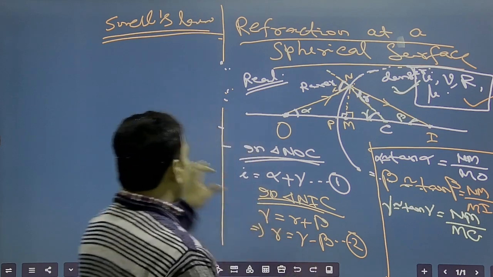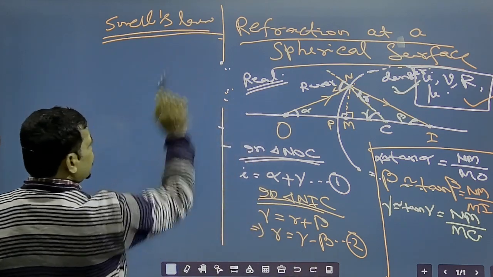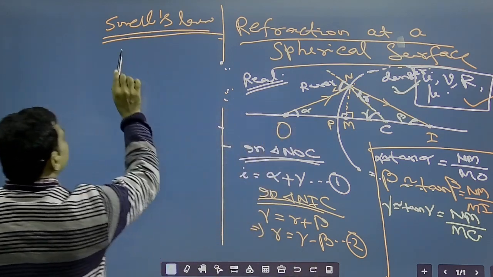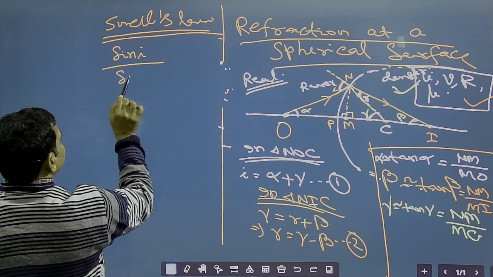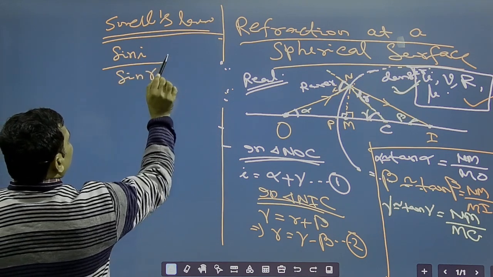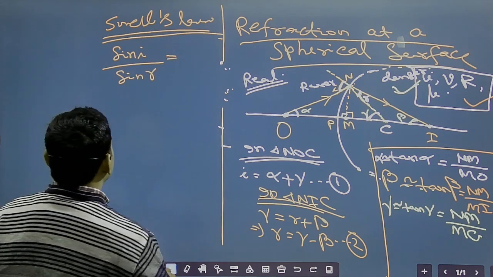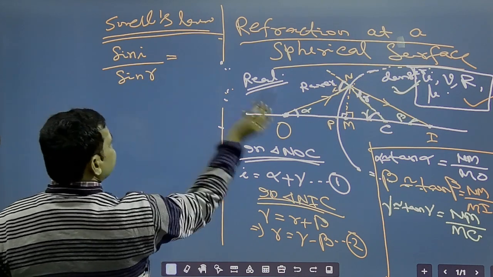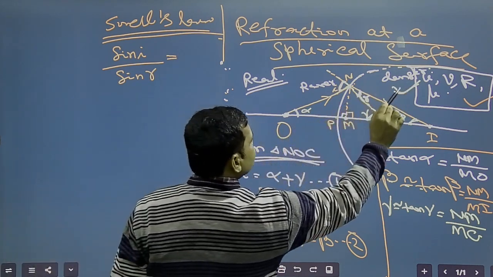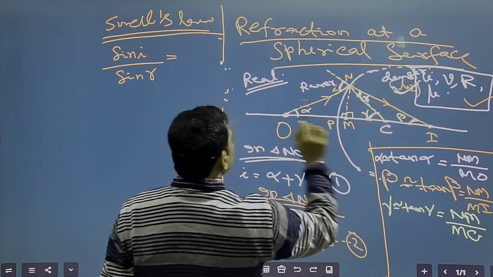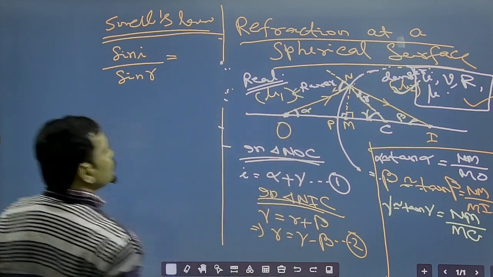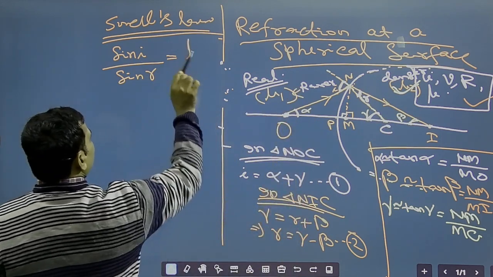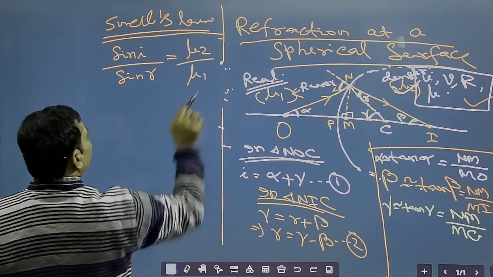So we'll be applying this Snell's law here. Here the second medium is your denser medium, that is mu2, and the first one is your rarer medium, that is mu1. So this will be equal to mu2 upon mu1.